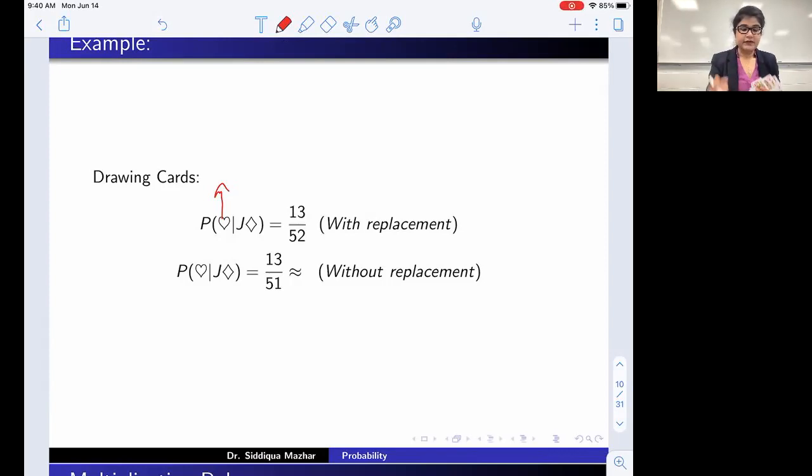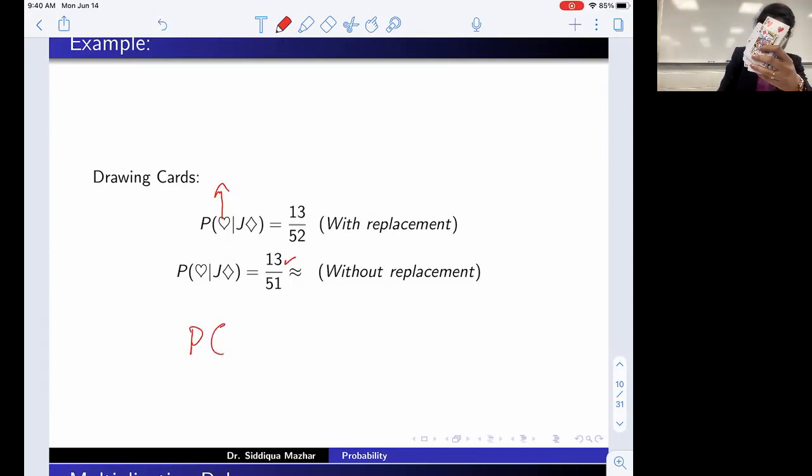The next one is without replacement. If I'm finding the probability of a heart, given that the jack of hearts has already happened. In the first experiment, I found the jack of hearts, which is 1 by 52, and I put it back into my pocket. So the rest of the cards will be 51. So the probability of finding a heart card, how many heart cards do we have, is 13 by 51. Now think about it.